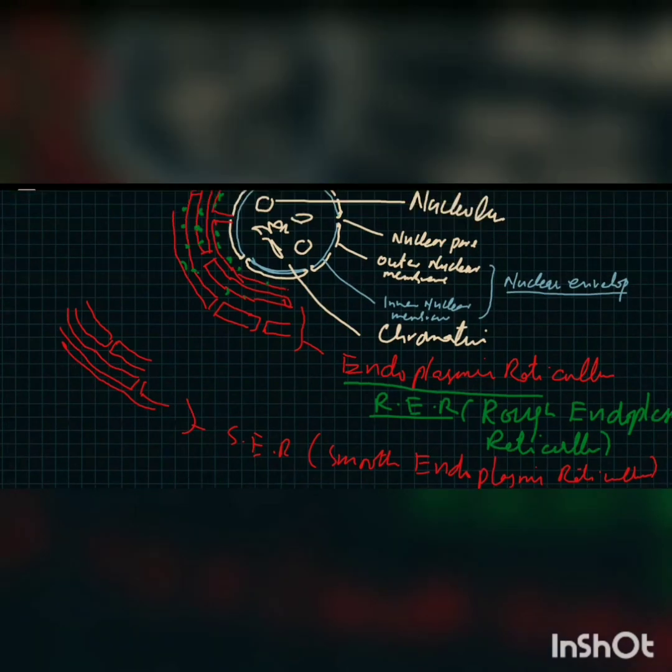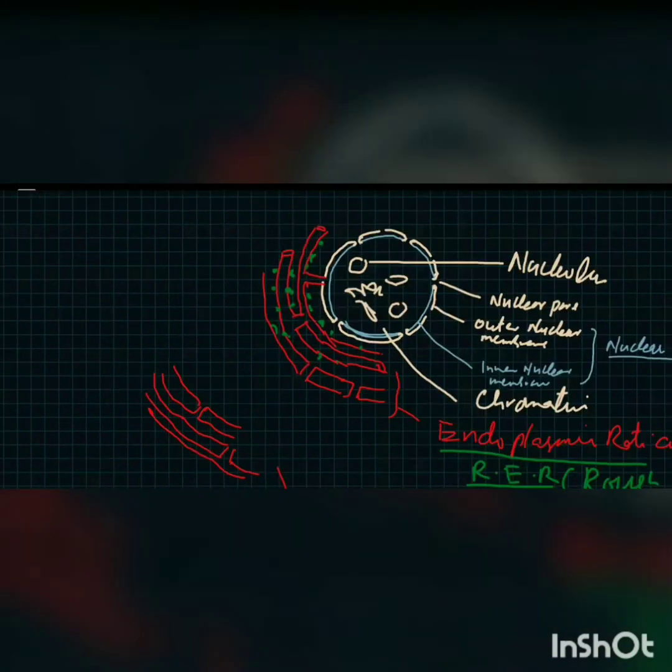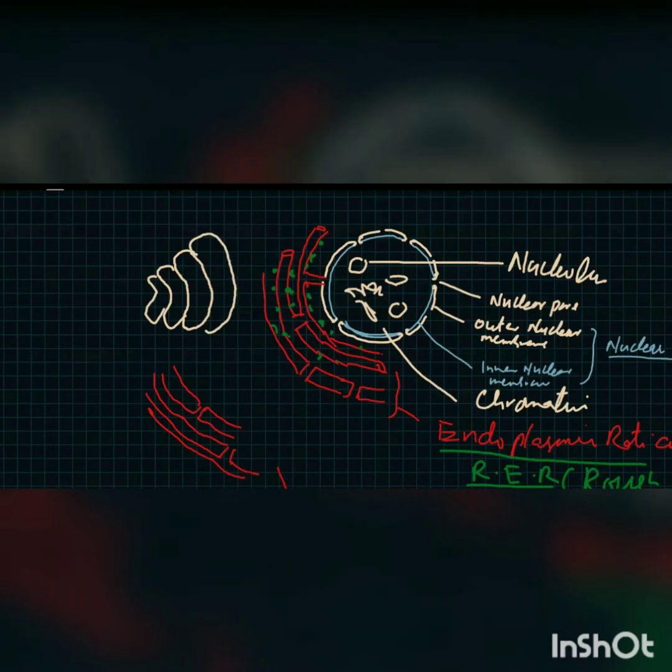Within the cytoplasm, closer to the nucleus, we will also see flattened membrane-bound sacs which is known as Golgi body or Golgi apparatus or Golgi complex.